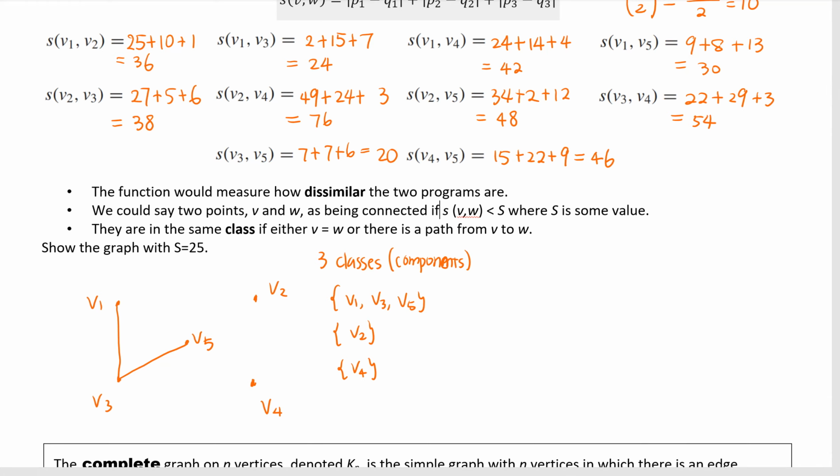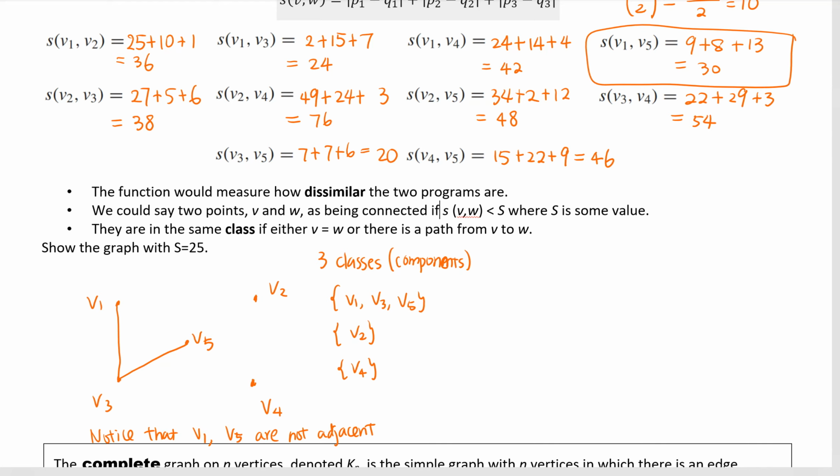And I also want to put a remark here. So you notice that V1 and V5 are not adjacent. Okay, even though V1 and V5, where's V1 and V5?